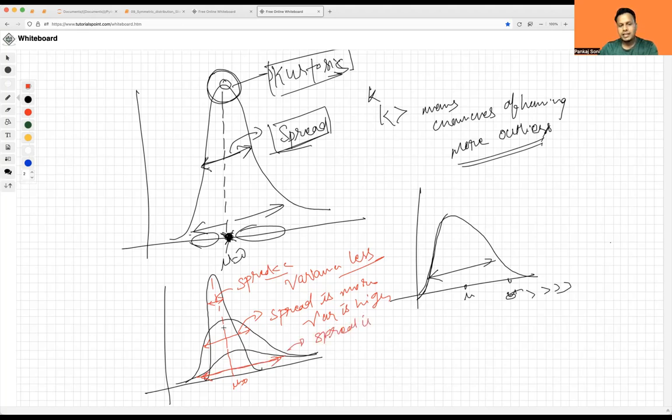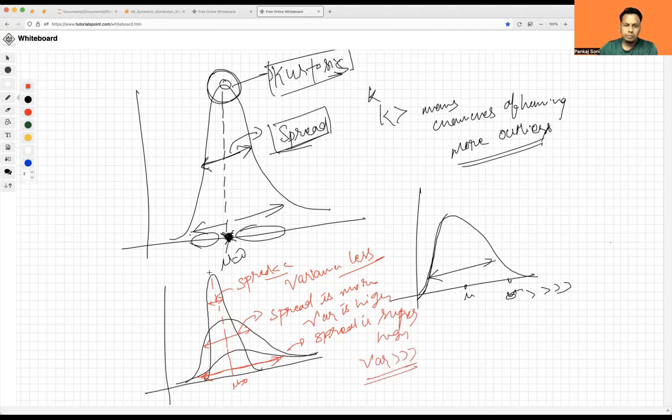So just by looking at this KDE plot, you see the width of that particular curve, and it is going to tell exactly how your spread is, or how much variance is there. So the spread is super high, hence variance is also high.